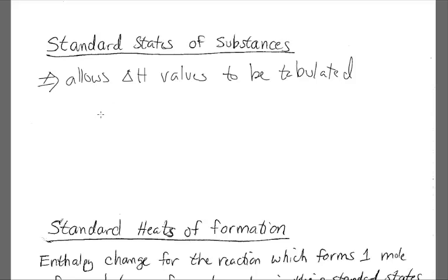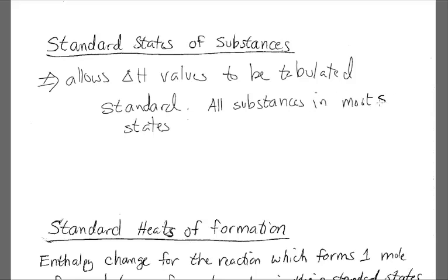All right, so what are standard states? We've simply defined what we want to call standard states, and everything will be listed in terms of this state. The standard state is that all substances are listed in their most stable form. For a few examples, it's actually the most common form, which isn't always the most stable.